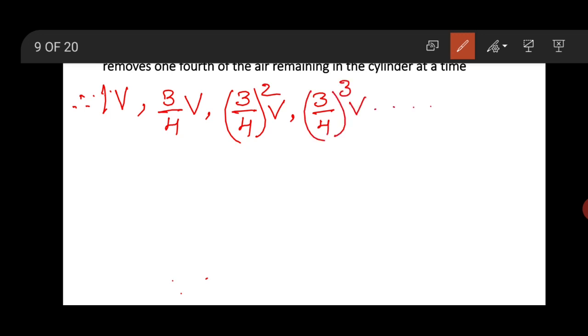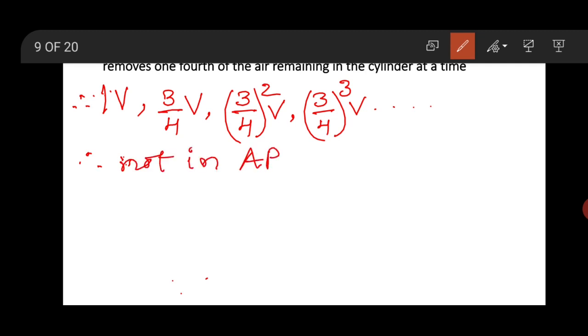Now, are these numbers in AP? No, they are not in AP. They do not form an AP, because the second term A2 minus A1 is equal to 3/4, therefore it is not in AP.